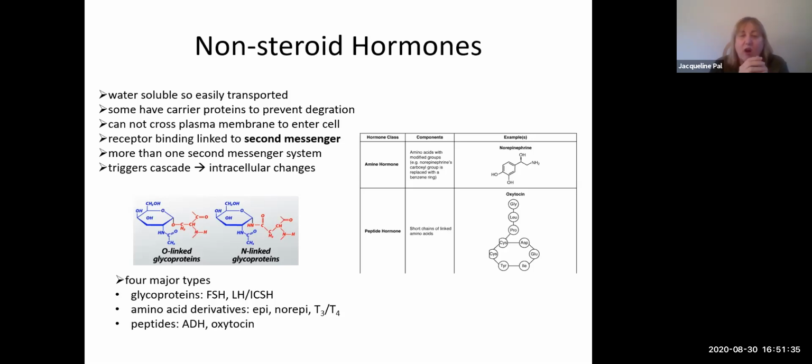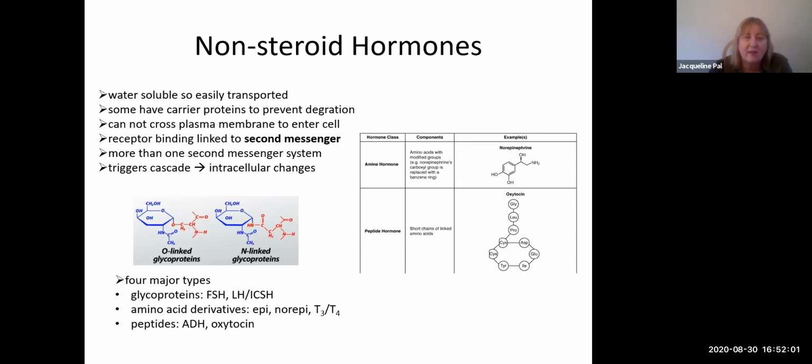Our third category are the peptides, and what this means is we just have a short chain of amino acids. The examples of peptide hormones, the two of them, both come from what is known as the neural hypophysis, or the posterior lobe of the pituitary gland, which we'll learn about in the not-too-distant future.